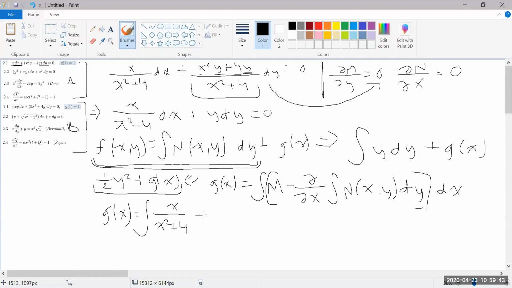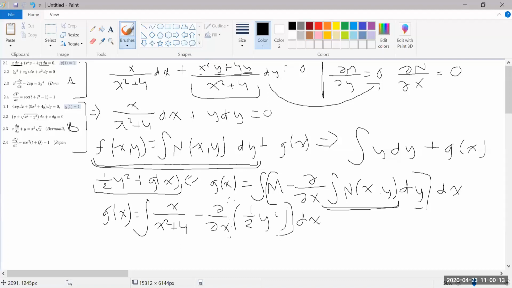Of M, and then minus the partial of this, but we just solved for that. So now we have the partial with respect to x of 1/2 y squared integral. Oh, I'm sorry, that is the integral. You have the partial of that, and then the whole thing dx.